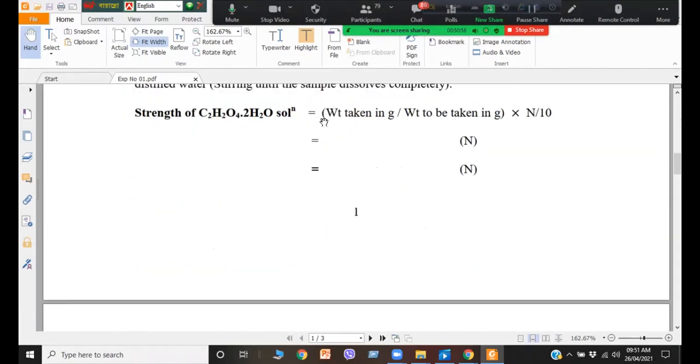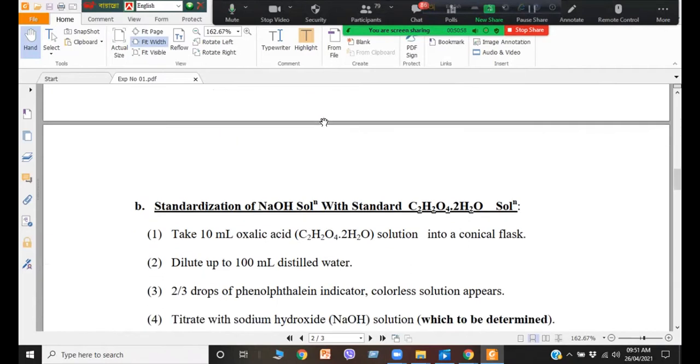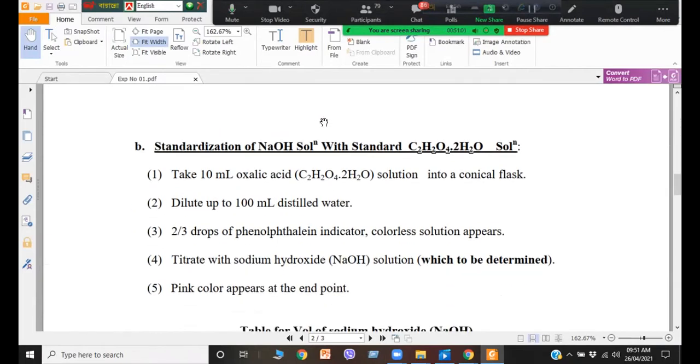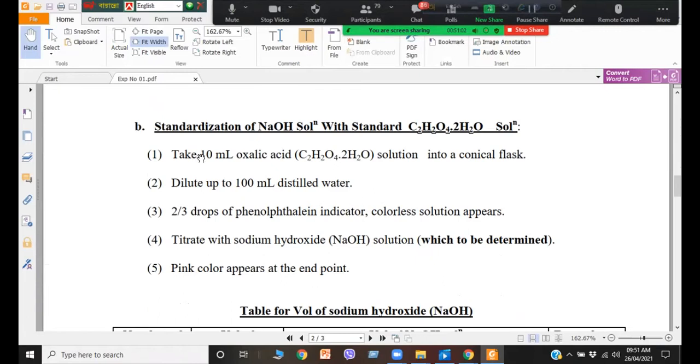You have to write the lab report following this PDF, but you have to change some language. You will not write 'take 10 ml'. You have to write that 10 ml of oxalic acid was taken, in passive form. Most of the procedure you have to write in passive form, because you are supposed to be doing the experiment.